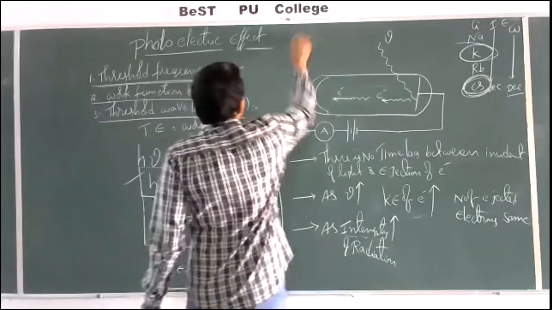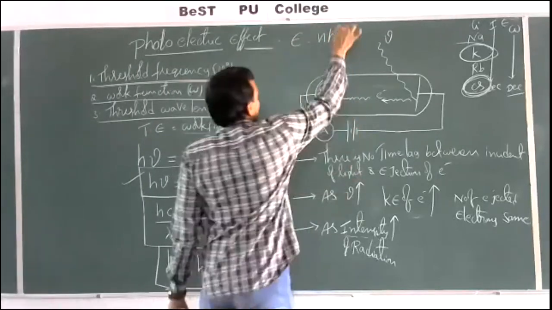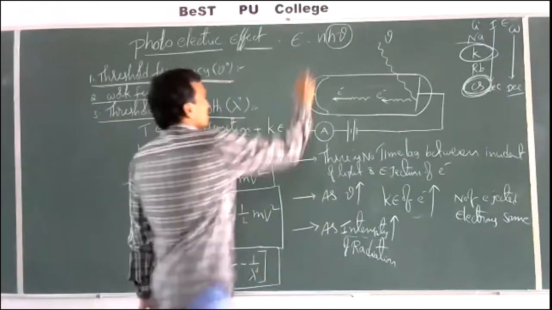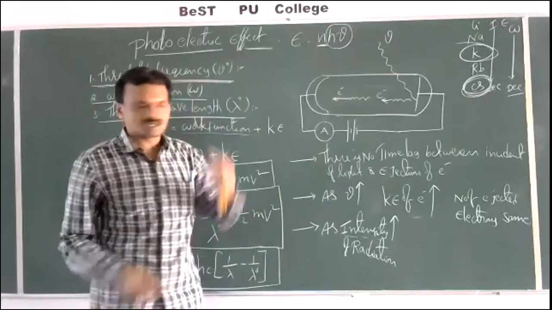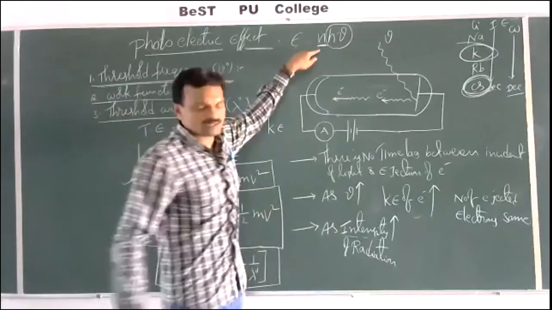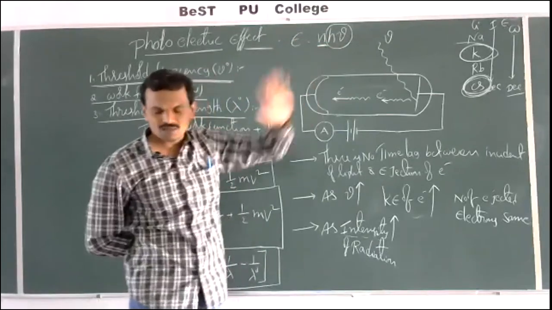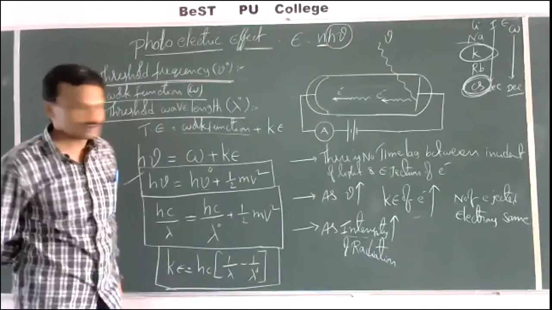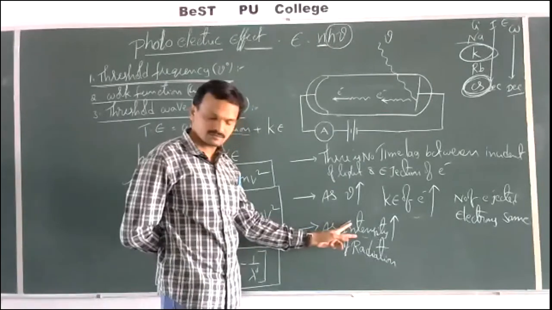As you know, E is equal to n h nu. H nu is energy of a photon, one photon, where n is number of photons. Increasing intensity means increasing number of photons with the same frequency. Without changing the frequency, if the number of photons is increased, that is called an increase in intensity.